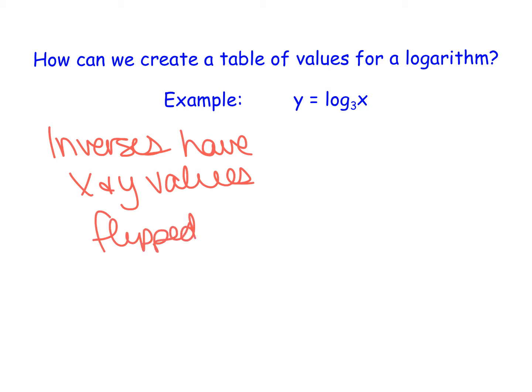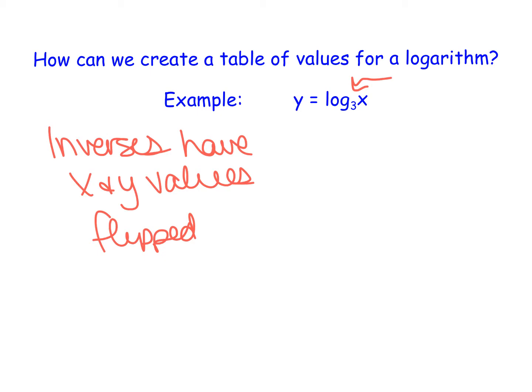So if we can find the inverse function of y equals log base 3 of x, and we can find a table of values for that function, we can just flip the x and y's, and that will be a table for y equals log base 3 of x.